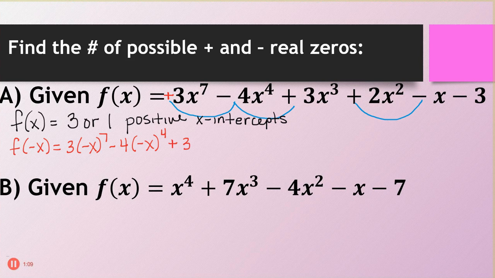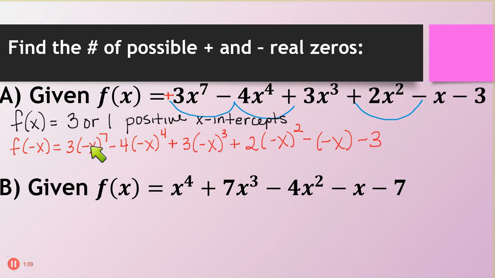But if you take a negative to an even, it is going to become positive. So I'm just writing that function, putting in a negative x every place that we see an x, so that we can go back and find our sign changes.